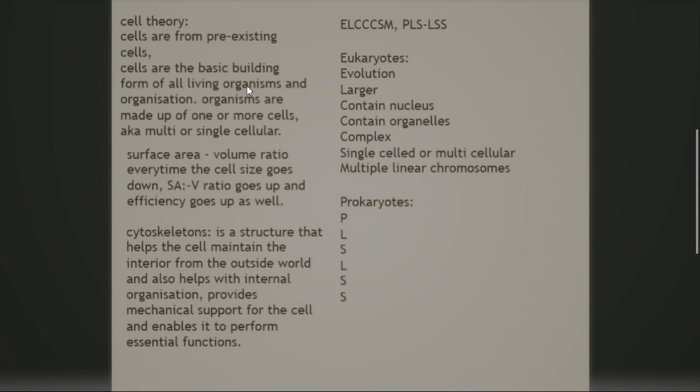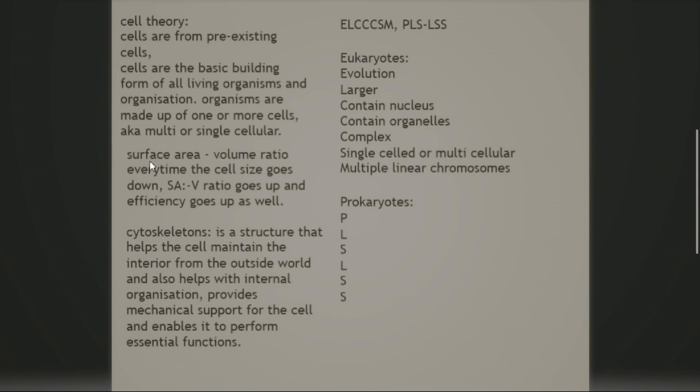Cells are also the basic building form of all living organisms and the organization of all living things. Organisms are made up of one or more cells, aka multi or single cellular. Might be a eukaryote, which is a multicellular organism, or a prokaryote, which is a single-celled organism, right?